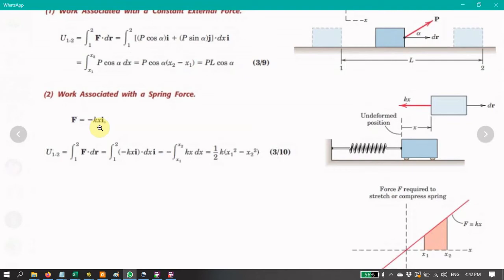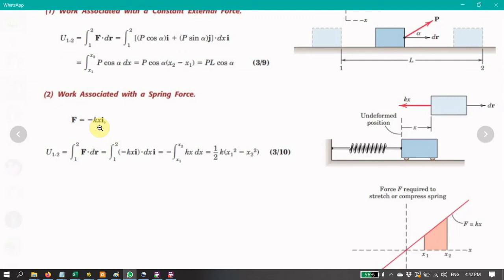The force is always acting opposite to the motion of the body, so it's different from the first example, right? As the body is attached to a spring and tries to move away from the initial location, the spring will try to bring it back, right?